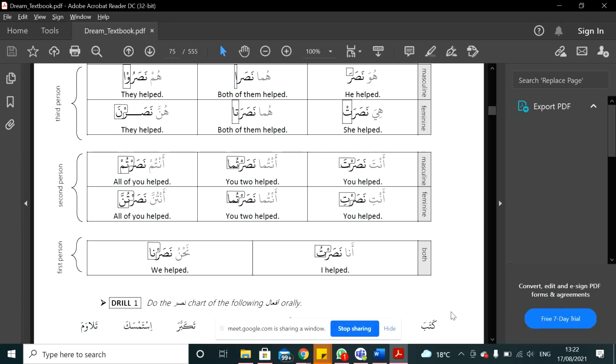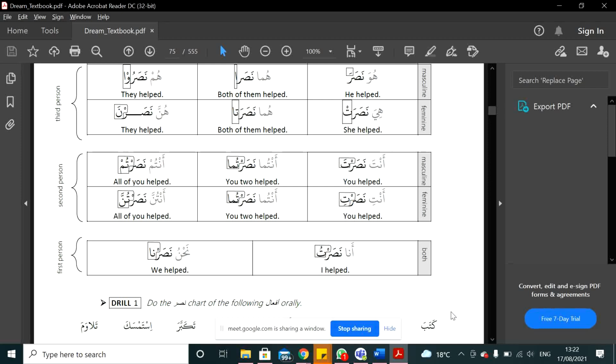He felt proud, you mean like that? Okay. Takabbara. Huwa takabbara. He felt proud, because it's past tense. Oh, he felt proud. Okay. Huwa takabbara. He felt proud.